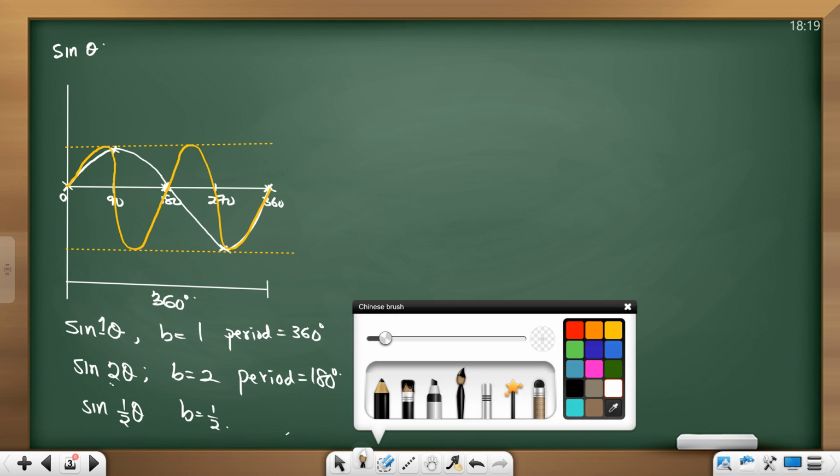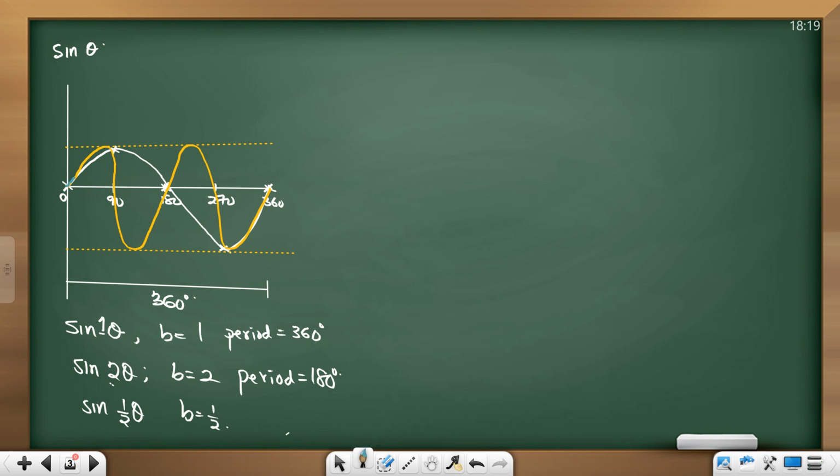Do you notice that's half? Where's the other half? It's not drawn, right? But the other half should be here, which would be another 360. And that would be what? 720. Make sense?